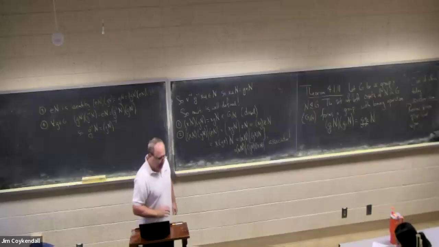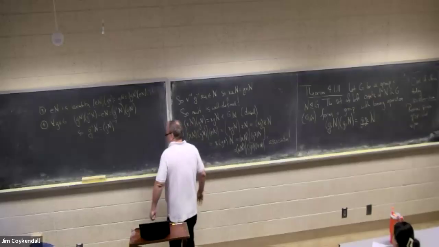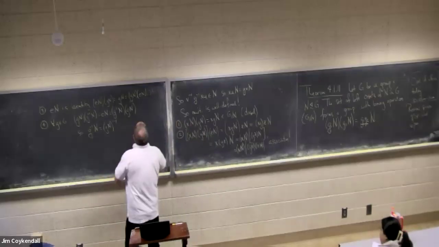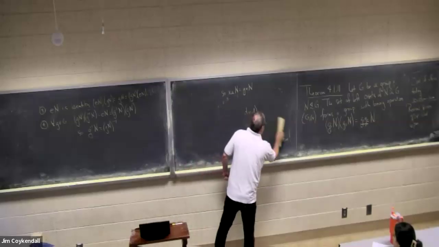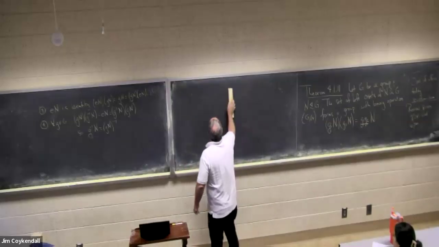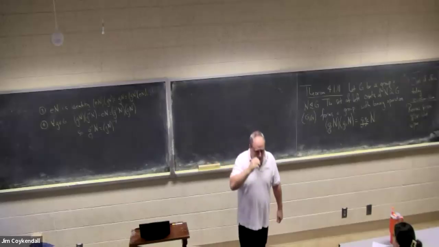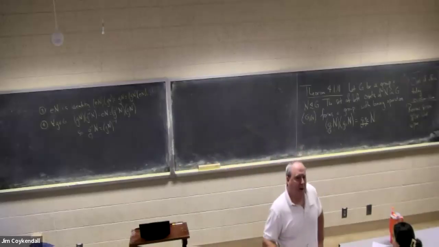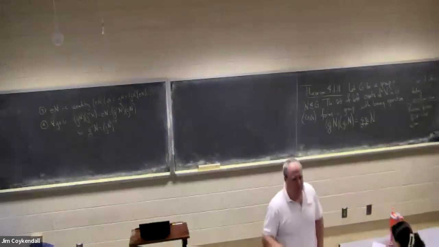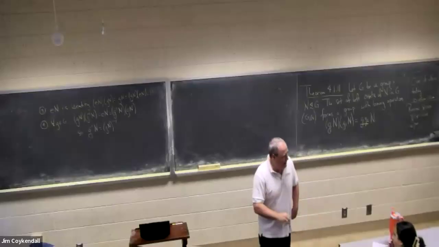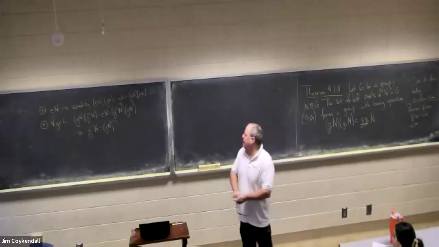So here's a question for you. Just exercise your brain here. One of the things I pointed out is if you have any group, then you've got automatically a couple of normal subgroups. You've got the identity and the whole thing, right?